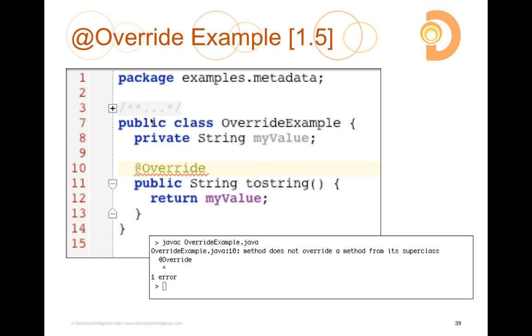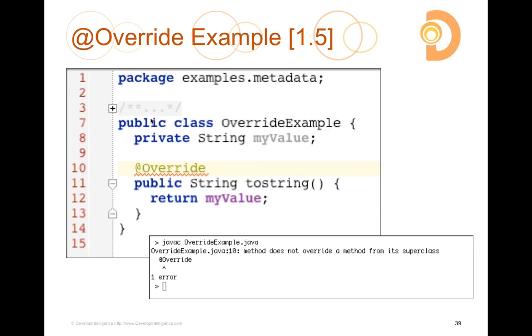Two different methods, two different behaviors because of method overloading. A great way to have bugs in your code and never know what's going on. So with the introduction of this override annotation, when the compiler compiles this code, it's going to traverse up the inheritance hierarchy and look for a method somewhere in this child's parent structure that is called toString with a lowercase s and returns a string.